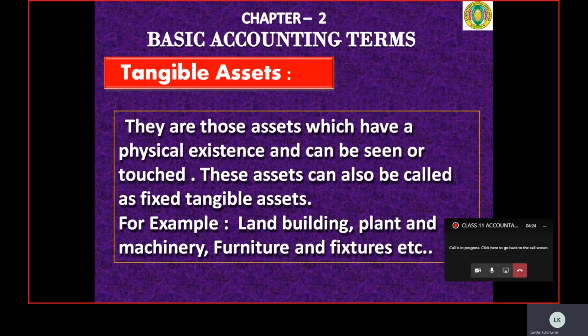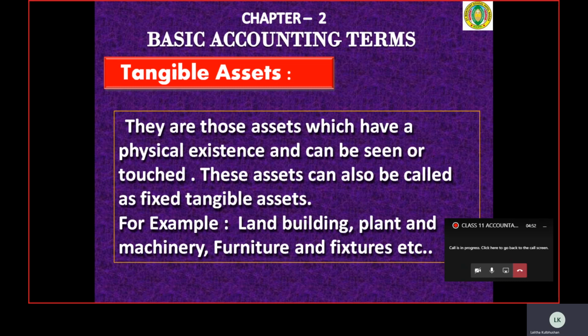These assets can also be called fixed tangible assets. For example, land and building, plant and machinery, furniture and fittings or fixtures, tools, equipments, automobiles, vehicles, computers, and some gadgets too can be called tangible assets.